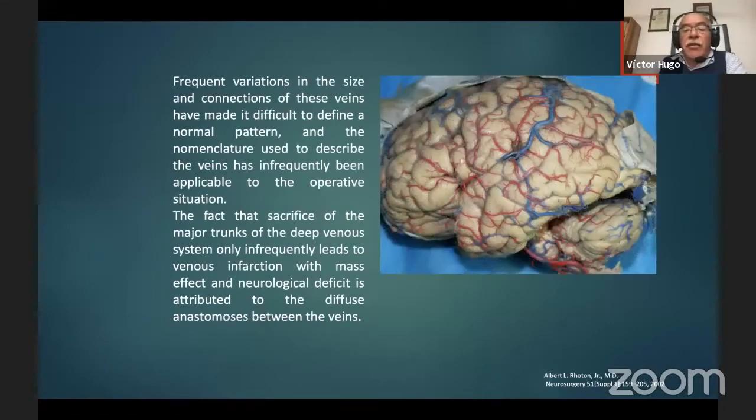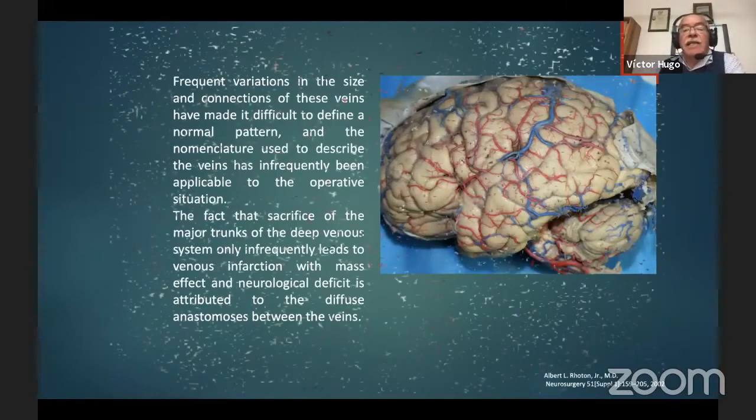But I think the anatomy of the cerebral veins has not been described as well as we can see in the exercise of doing dissection and injection of cerebral veins. This is the lateral aspect.